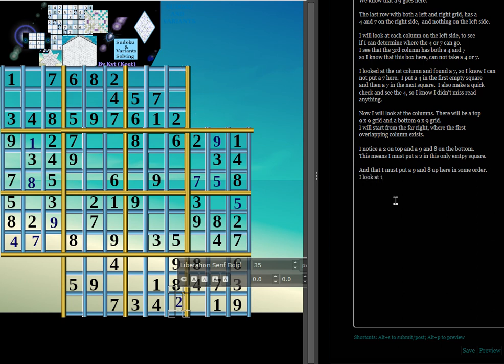I look at the first row and see an 8. This tells me that a 9 must go here because it is the only other number I am working on right now, the 9 and 8.